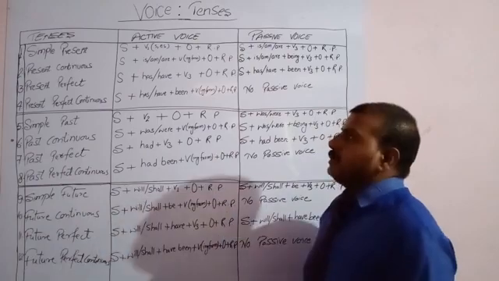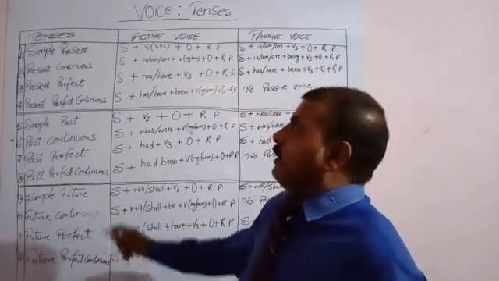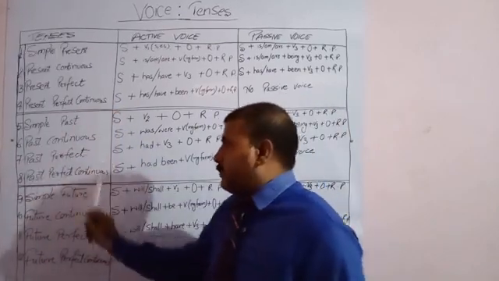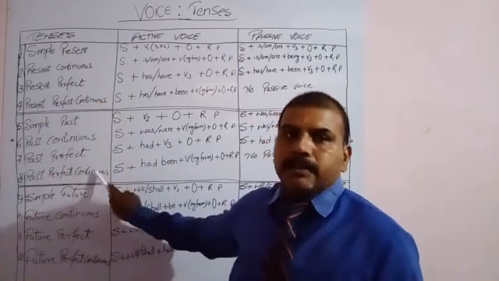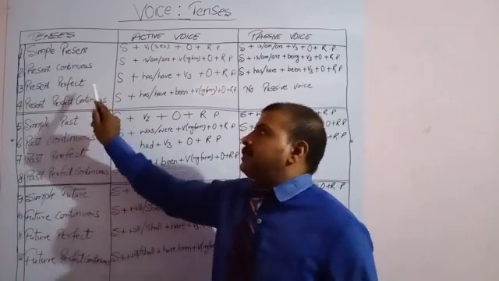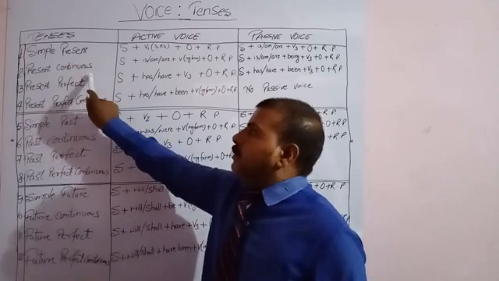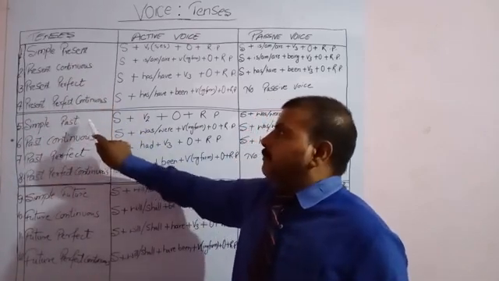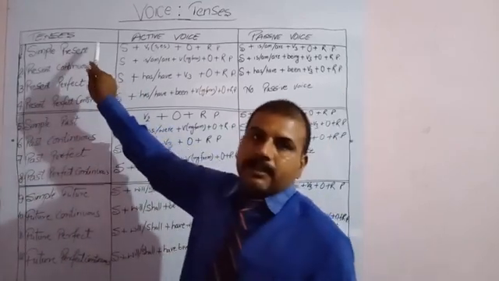So today we come to tenses. We are well aware that there are three types of tenses: present tense, past tense and future tense. And each tense has four parts: simple, continuous, perfect, perfect continuous. Simple is also called indefinite tense.